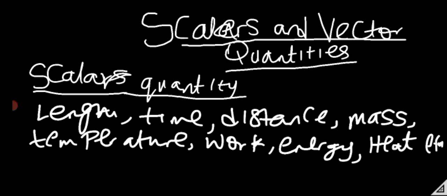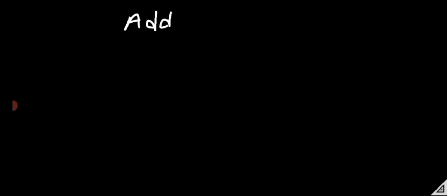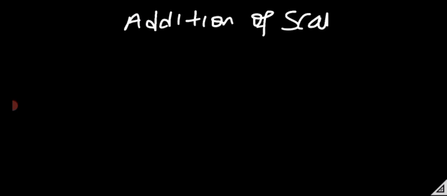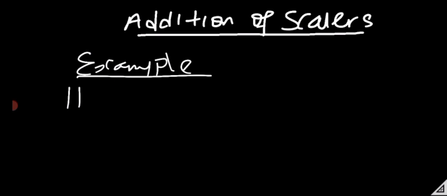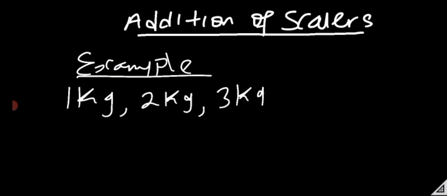Now let's talk about addition of scalars, or arithmetic of scalars. Scalars are added using simple arithmetic method. You just plus them together. For example, let's say we have a system, example 1, where we have 1 kg, 2 kg, 3 kg, 4 kg.